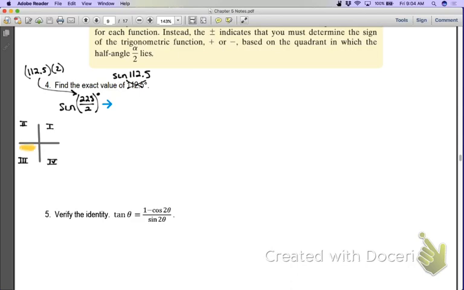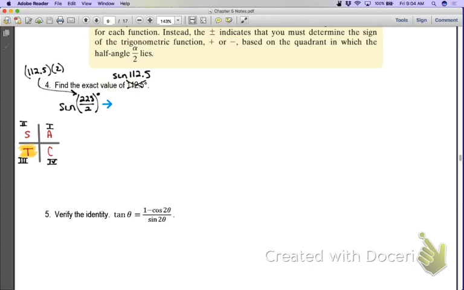It's down here in 3. So then it becomes figuring out what's positive and what's negative. Remember: all students take calculus. Those are the values that are always positive, so the other two are going to be negative, unless it's in quadrant 1 where everything's positive. If tangent's the only thing positive down here in quadrant 3, what is sine going to be? It's going to be negative.